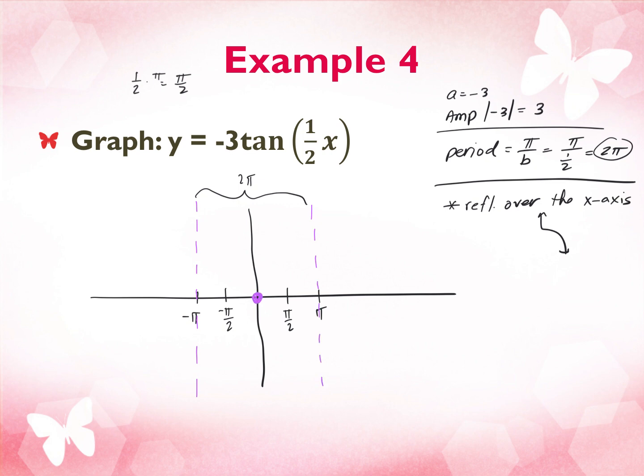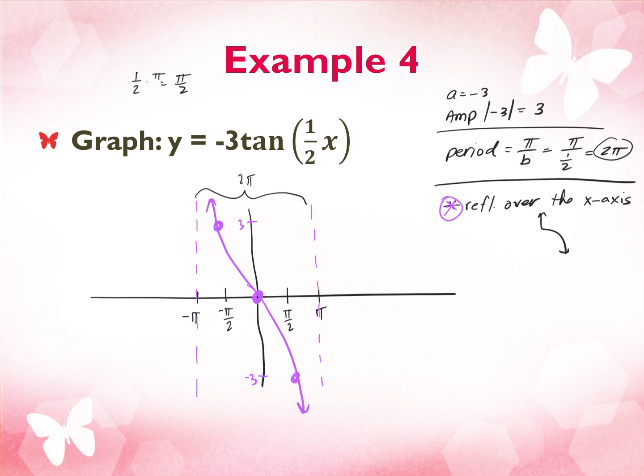My center is going to be 0. Now my points, my 3 and my -3, are going to be at pi over 2 and negative pi over 2. But because there's a reflection here, I'm going to have to go up on the left this time and down on the right. And so I've just done 1 period.